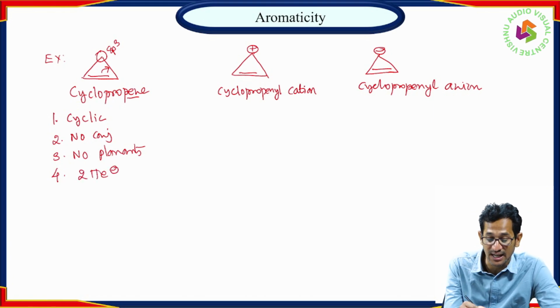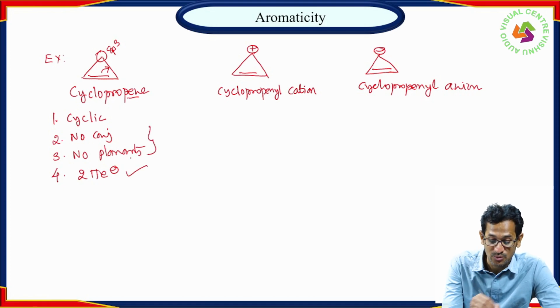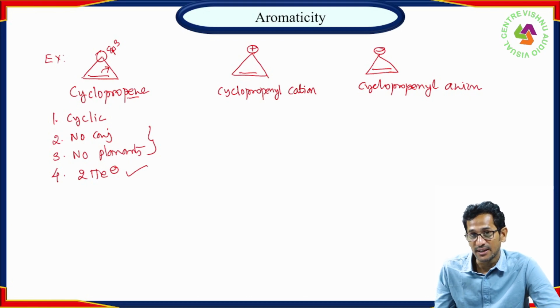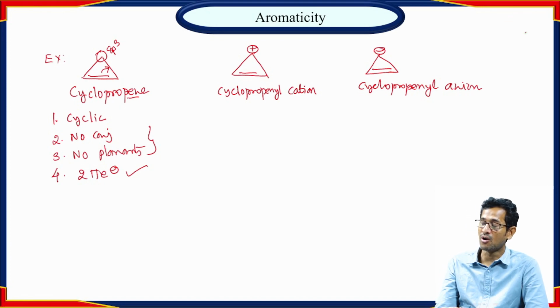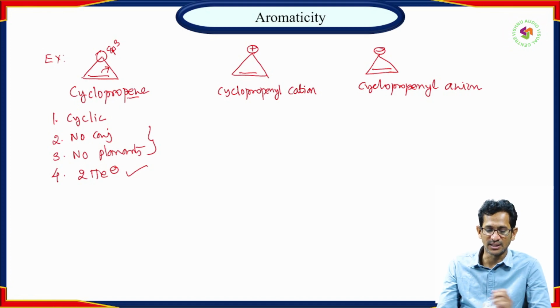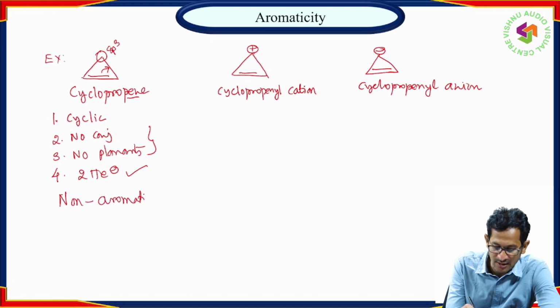Even though it is a Huckel's number, it fails these two conditions. When a molecule is said to be aromatic, it must satisfy all 4 conditions. There is no exception among those. Therefore, this is non-aromatic.